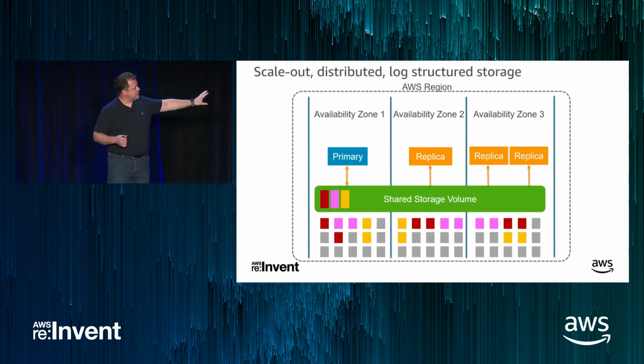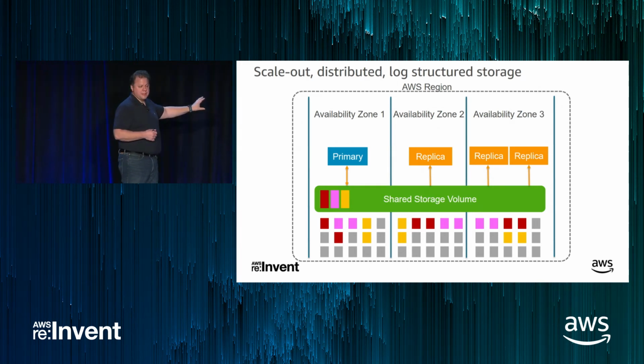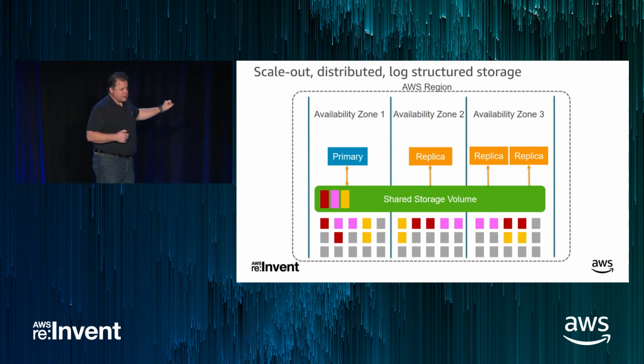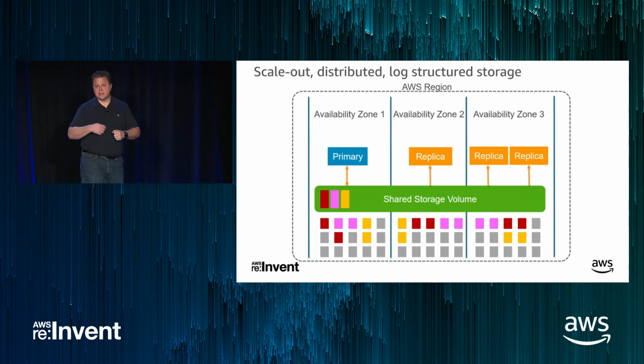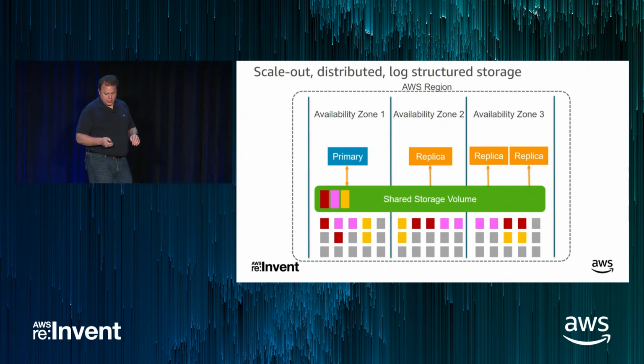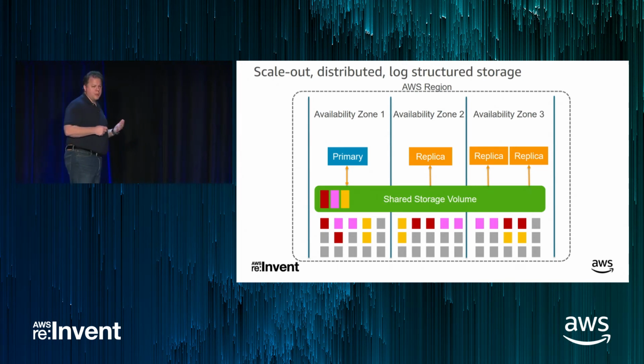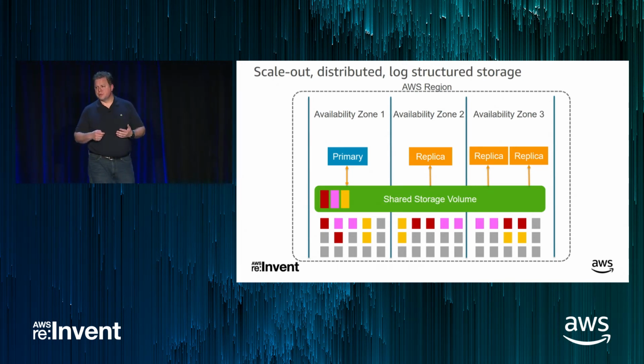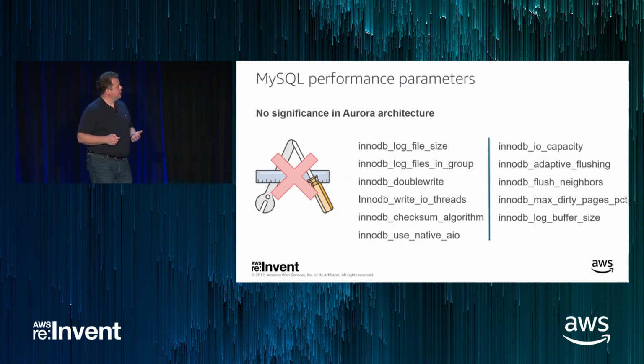And then the nodes that make up the storage volume are intelligent enough to take those redo logs and create pages on the fly as needed. Since we're handling the I/O in such a completely different way, when you're thinking about how you normally performance tune a MySQL database, those things don't apply.